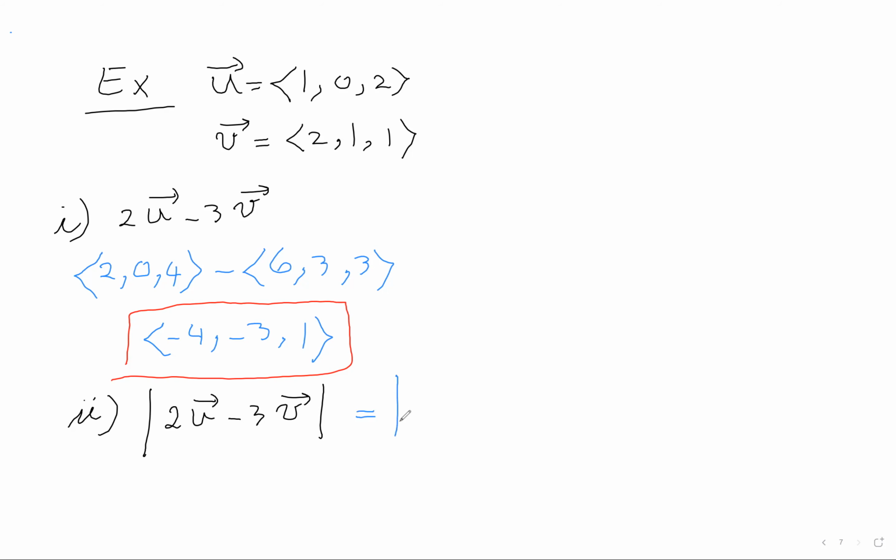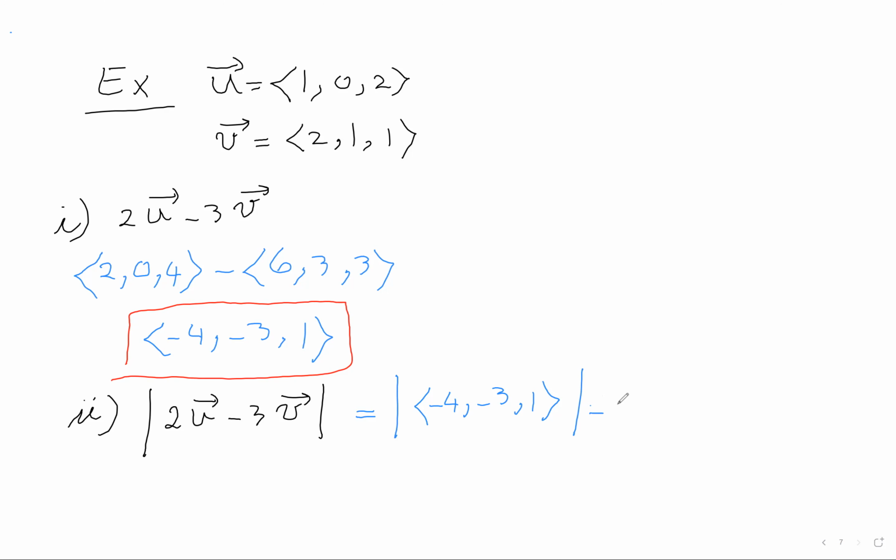So here we find the length of, we already found what is 2U minus 3V in part 1: (-4, -3, 1). If part 1 was not given, we needed first to find 2U minus 3V, as we did, and then find the length. But here, for simplicity, I broke down the example into two parts.